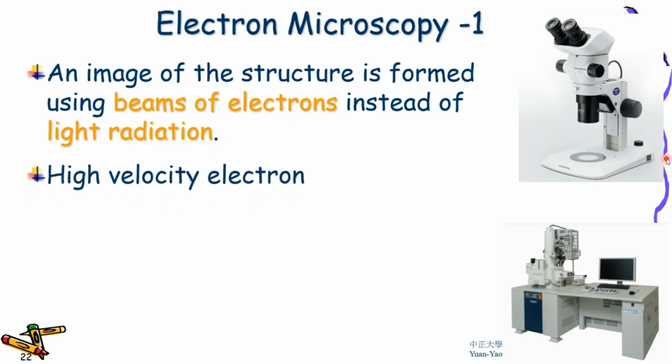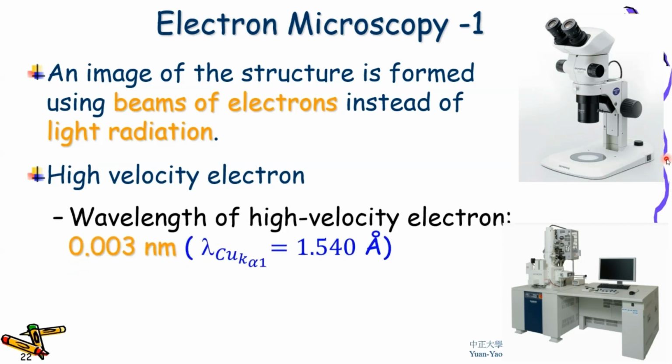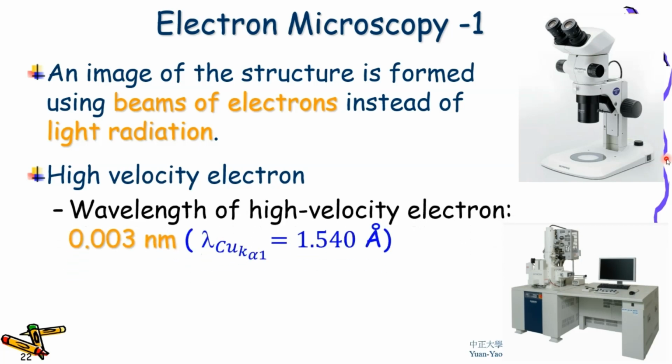And what's good about electrons? The speed is fast, same as light, right? Okay, but the wavelength is much, much smaller than visible light. The wavelength of the high velocity electron is 0.003 nanometer.